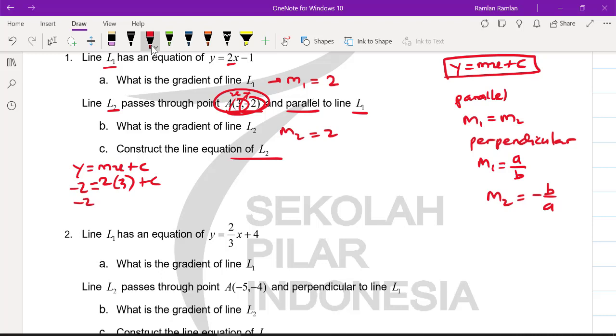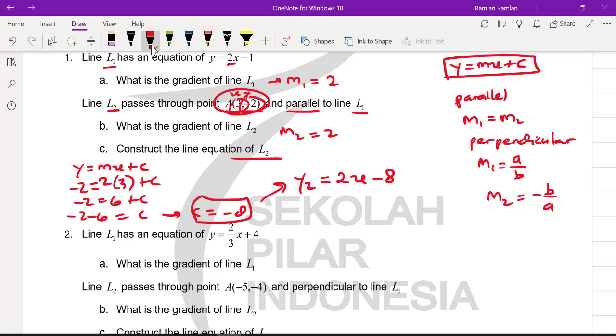So negative 2 equals 6 plus c, and negative 2 minus 6 equals c, which means that c is equal to negative 8, and which means that the line equation of the second line will be y equals 2x minus 8, because the 2 comes from the gradient, and this minus 8 comes from the c, right?